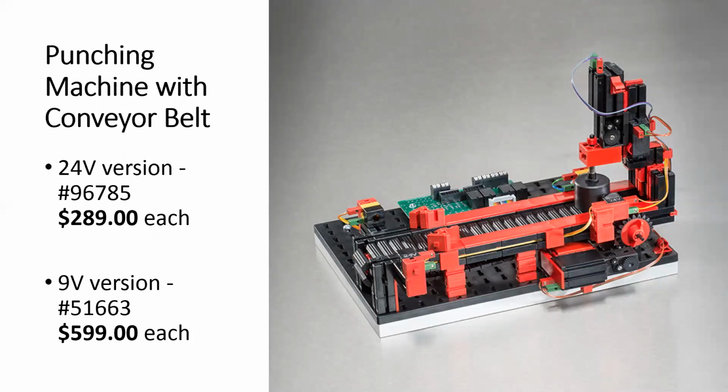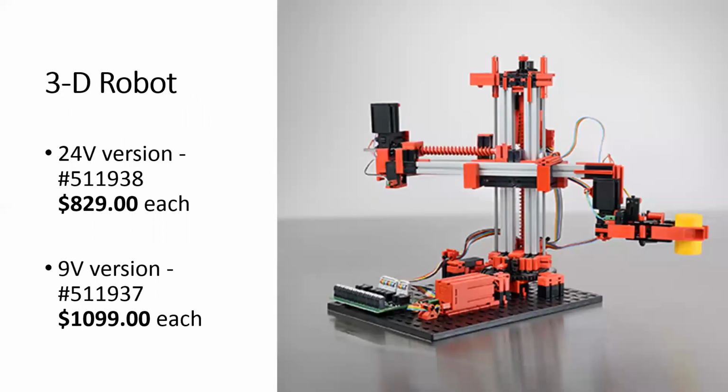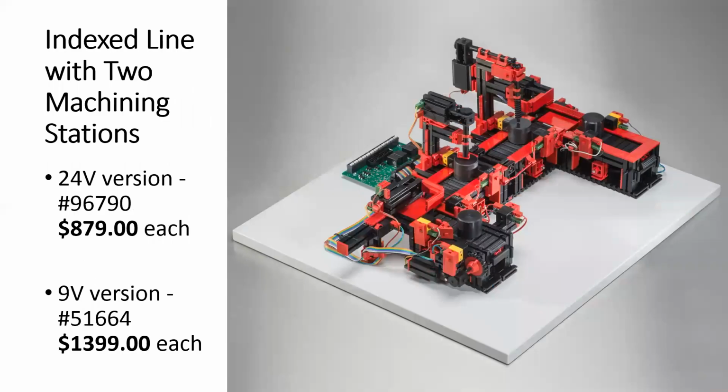The 9-volt version is $599 each. The 3D robot, 24-volt version is $829 each, and the 9-volt version is $1,099 each. The indexed line with 2 machining stations, the 24-volt version for this model is $879 each, and the 9-volt version is $1,399 each.